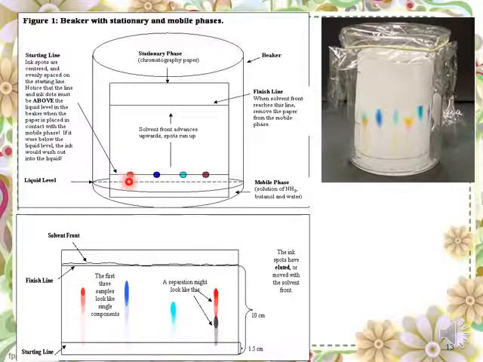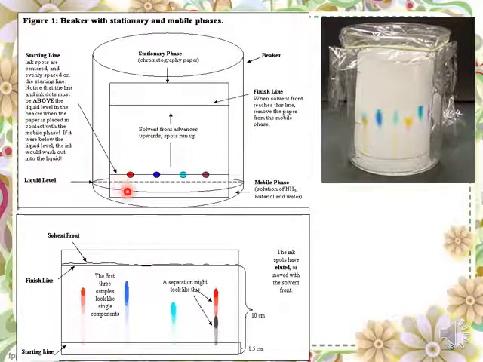And then we put the mobile phase here, which is the solvent, the liquid, made of a mixture of ammonia, butanol and water in this case. Another thin line is drawn here, which will indicate the finish line, or what we call the solvent front.